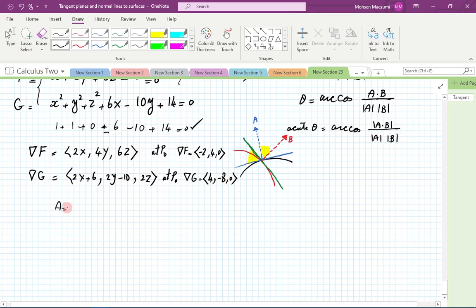To simplify, vector 1 is (-2, 4, 0). Number 2 is (4, -8, 0). So the angle, or at least the acute angle, would be arc cosine of the absolute value of A dot B over the length of A times the length of B.